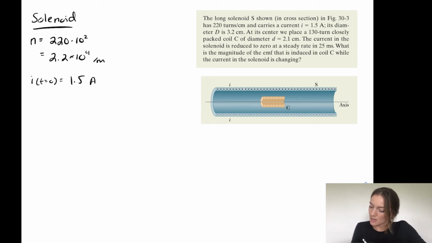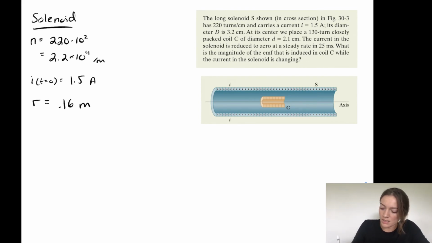Its diameter is 3.2 centimeters. I always immediately translate this to the radius because you never really use diameter. So if the diameter is 3.2 centimeters, the radius is 1.6 centimeters, which is 0.016 meters.